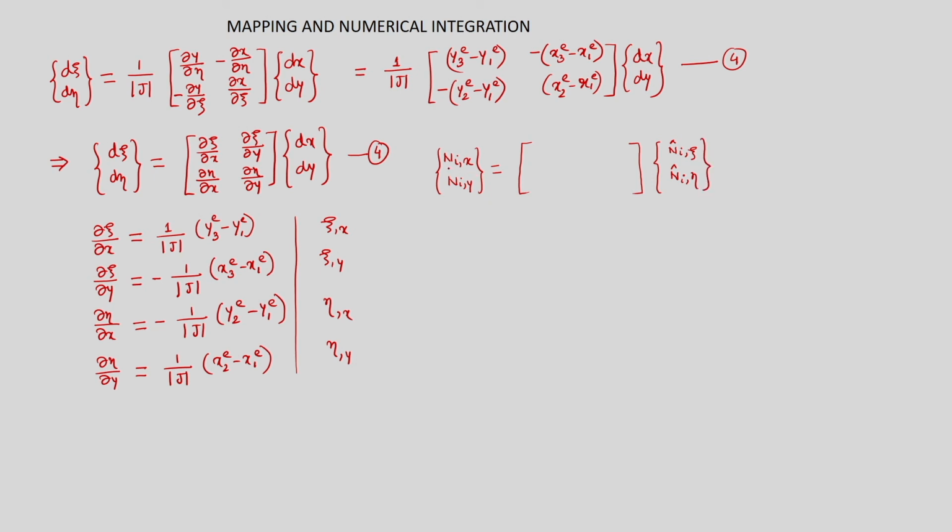Alright, let us fill it in. So, this says that N_i,x is N̂_i,xi times xi comma x, so this will be del xi del x, plus del Ni del eta into del eta del x. So, that completes the first equation of the set of equations 3.